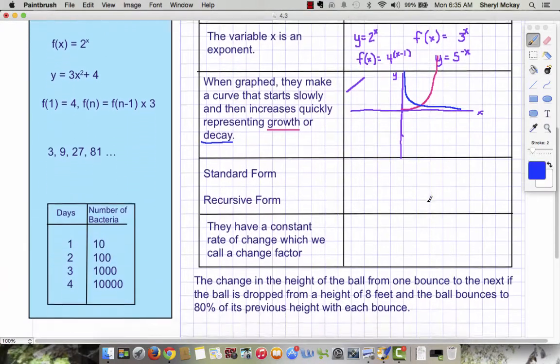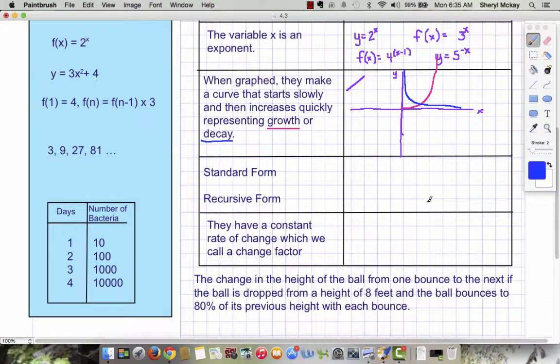Now, an exponential function, what we will know are two different forms. One is the standard form, which basically says f of x, let's use y. We'll use y just to make things simpler. F of x or y both work, all right?